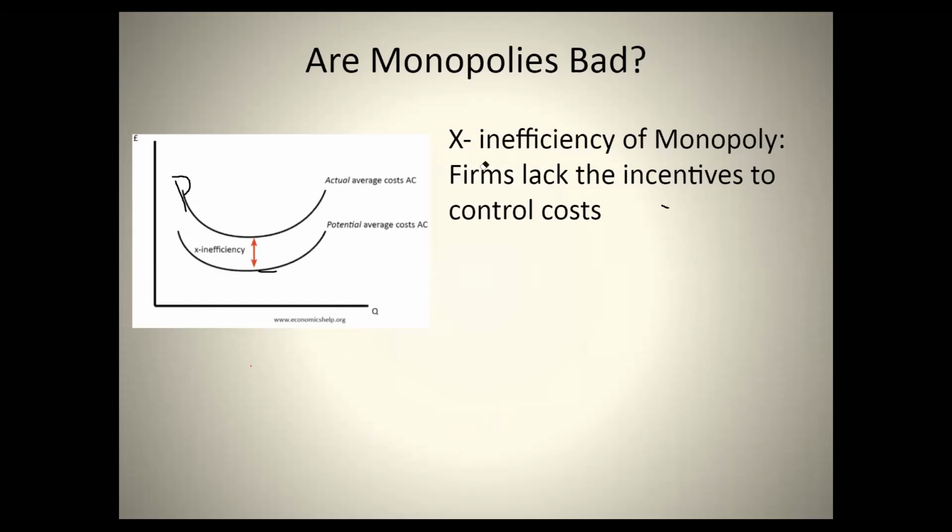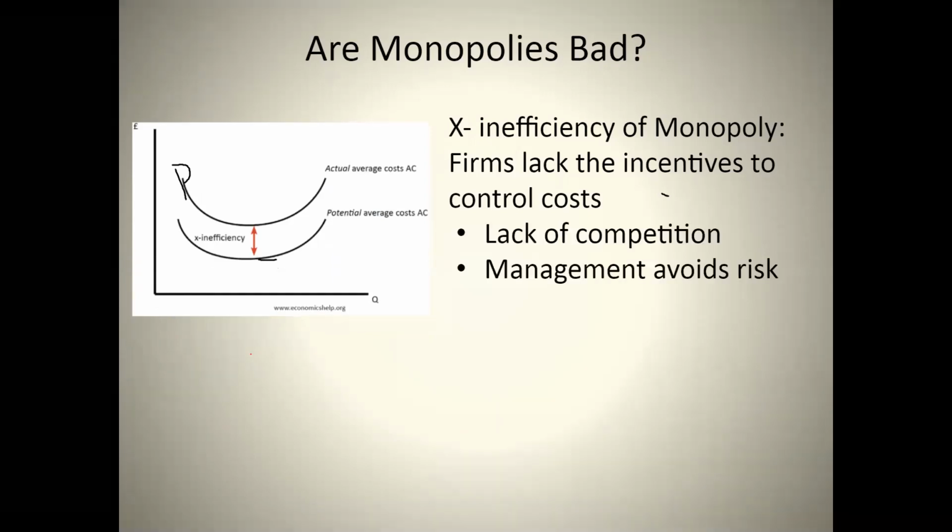And that's these X-inefficiencies, or the idea that firms lack the incentives to control costs. Why would firms lack the incentive to control cost of production? Because of a lack of competition. There's no incentive to reduce cost of production when you don't have to worry about competition. And given that they control most of the market, they oftentimes will avoid risk.